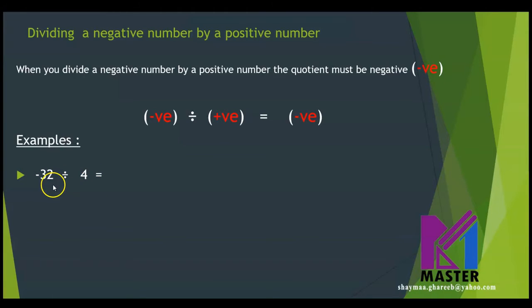Negative 32 divided by 4, the answer is a negative number, which is negative 8. 50 divided by negative 5, the answer is a negative number, which is negative 10. 68 divided by negative 1, the answer is a negative number, which is negative 68. Is this clear?